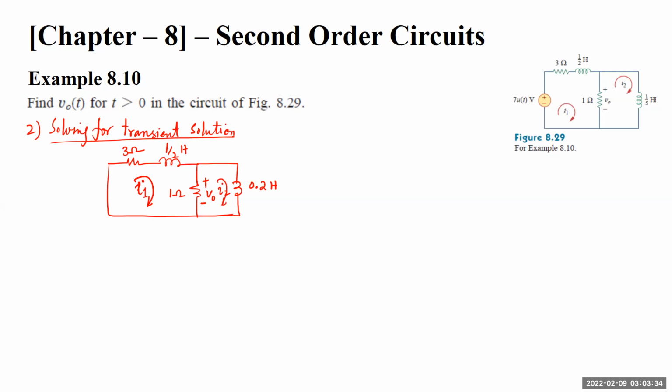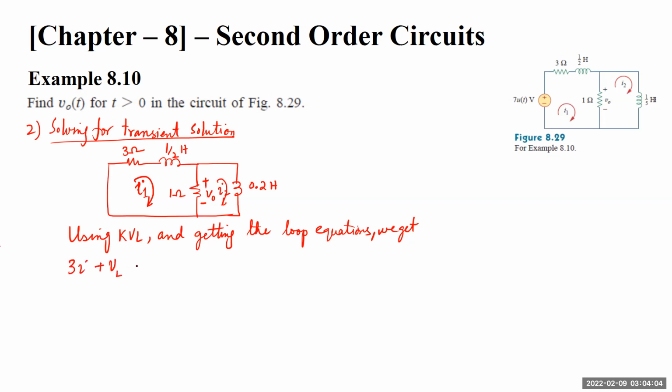Now, just simply using KVL and getting the loop equations, we get 3I plus the voltage across this inductor plus V naught, and V naught is I1 minus I2 multiplied by the inductance value, and this is equal to 0.